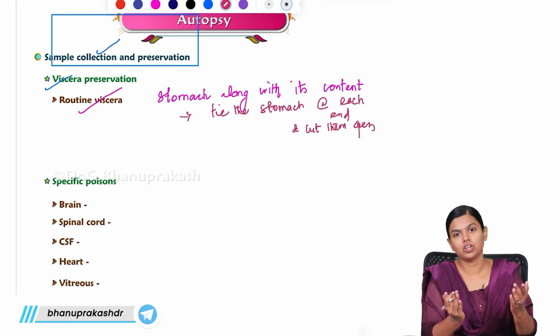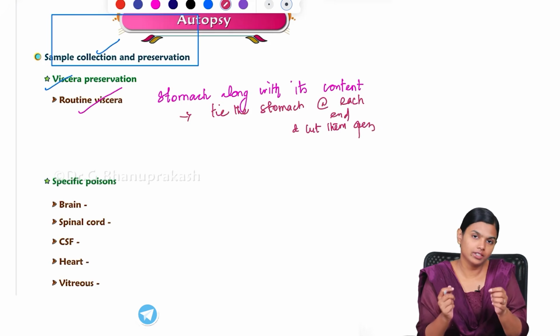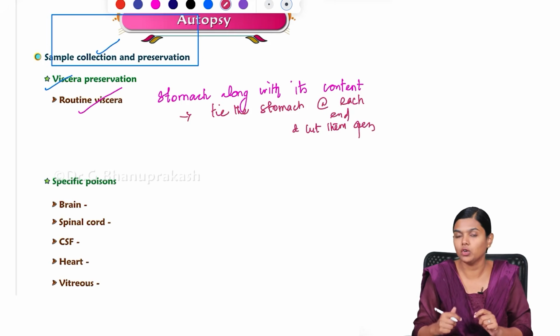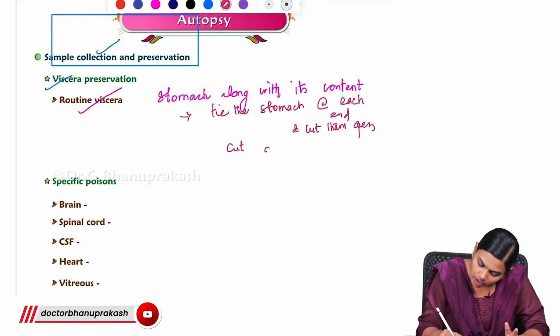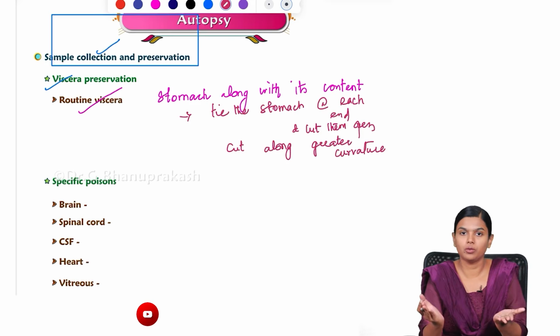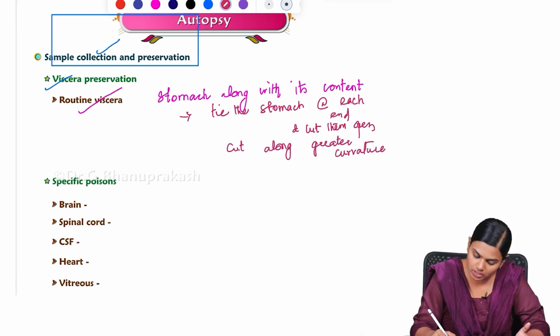So, you have removed the stomach from the body. Now, after removing it, you have to cut open the stomach, and this is usually cut along the greater curvature. So this is how the stomach is opened, and you will look for any mucosal changes.